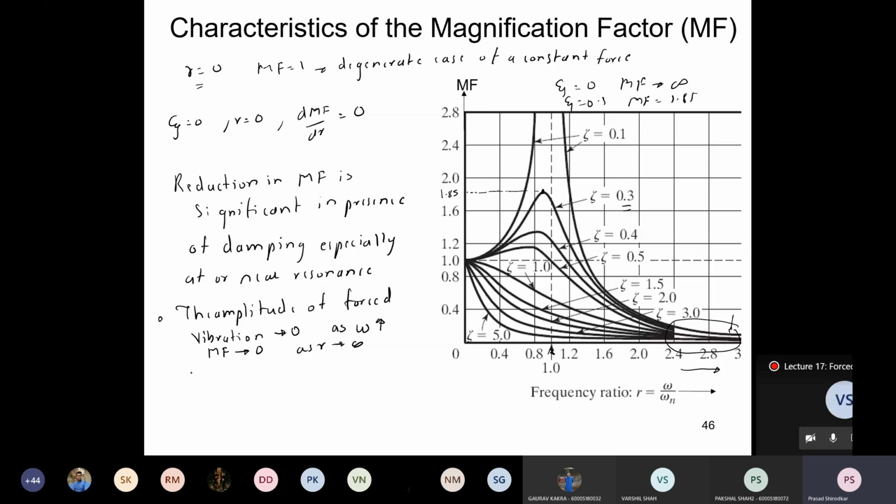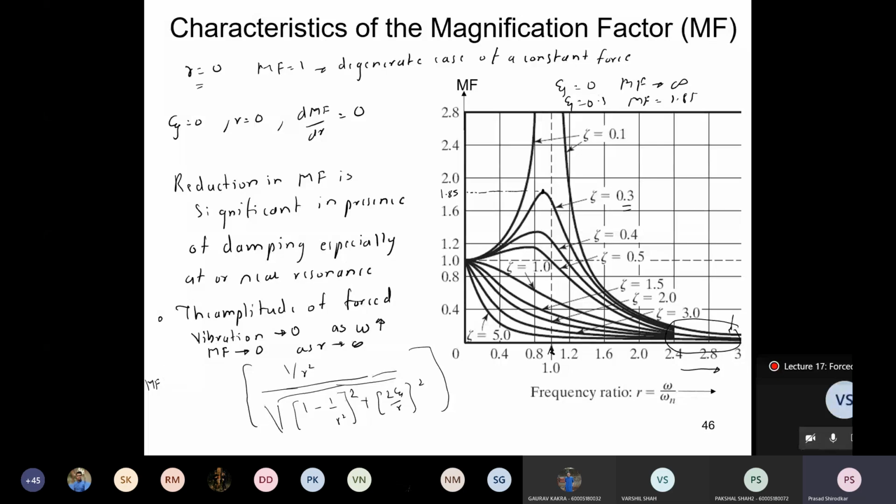How can you deduce that mathematically? I can write the equation by dividing numerator and denominator by r squared, so the numerator becomes 1 upon r squared, and the denominator becomes the square root of (1 upon r squared) whole squared plus (2 zeta by r) whole squared. This is your magnification factor.